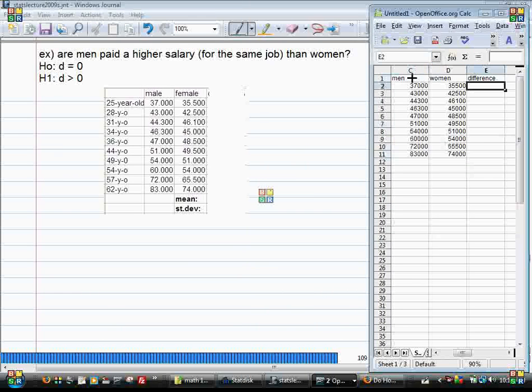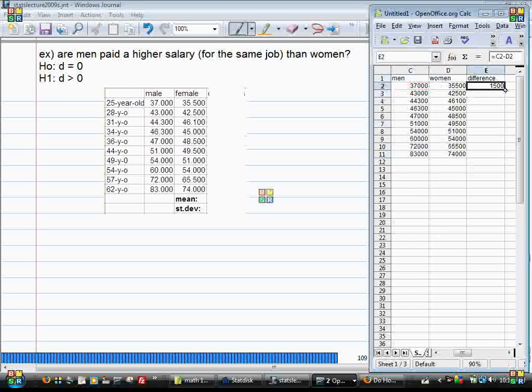We want the difference. So let's make the spreadsheet do the work for us. What we want is the first cell minus the second cell. So you just type equals, click this, or type in C2 minus this one, and it does it for you.